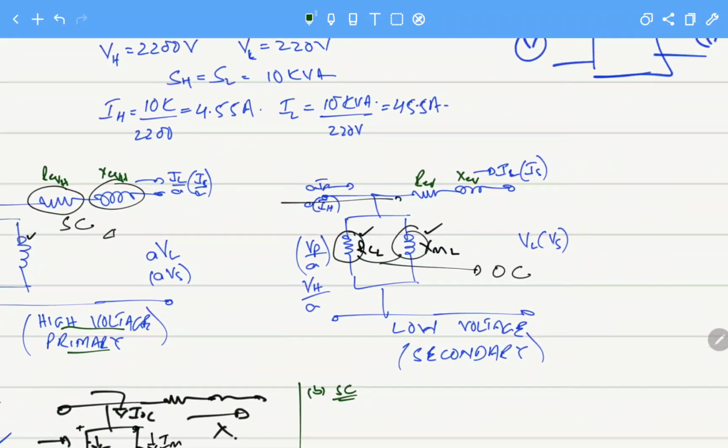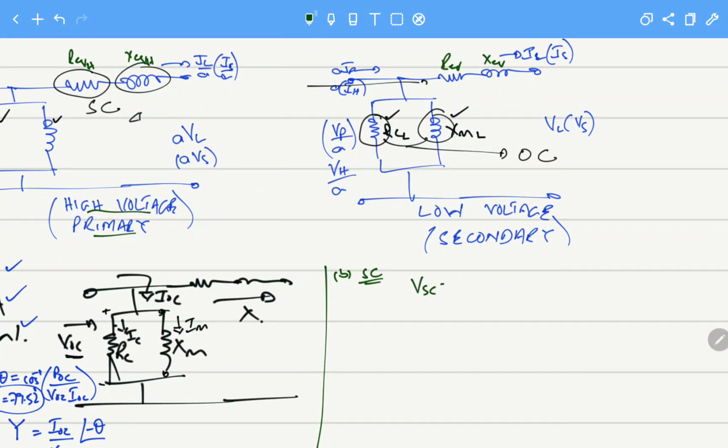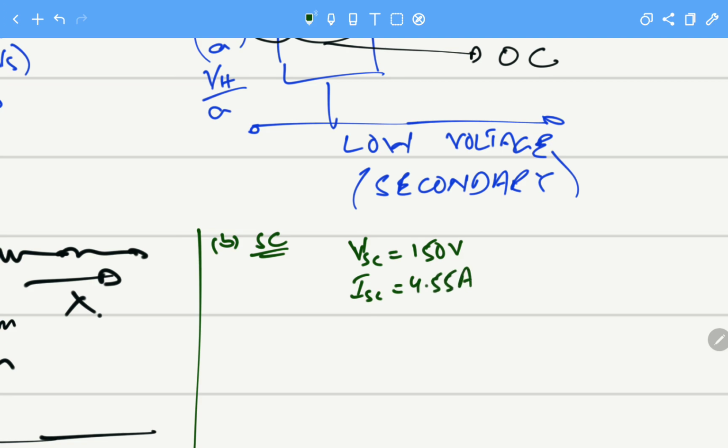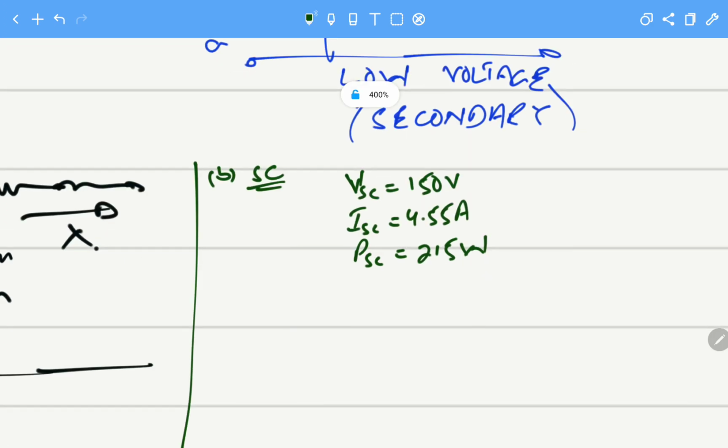V short circuit is 150 volts, I short circuit is 4.55 amperes, and P short circuit is 215 watts.